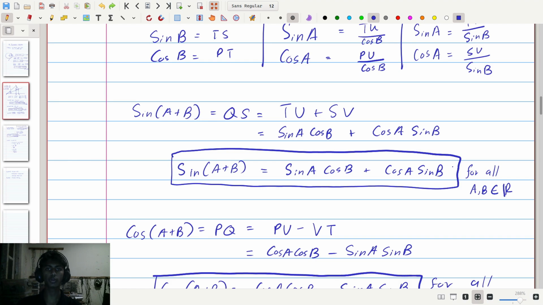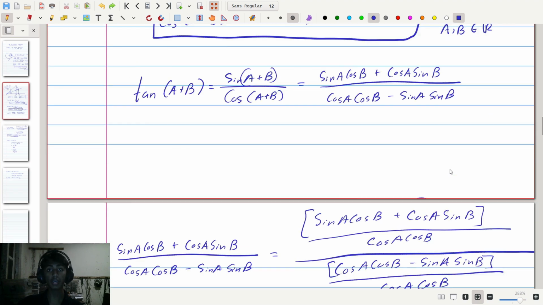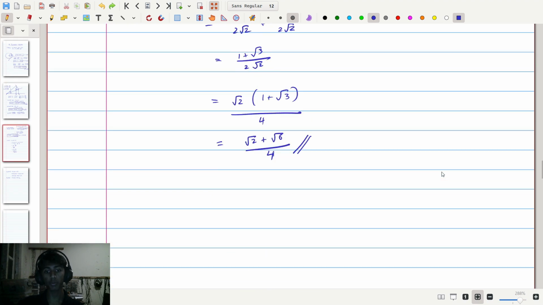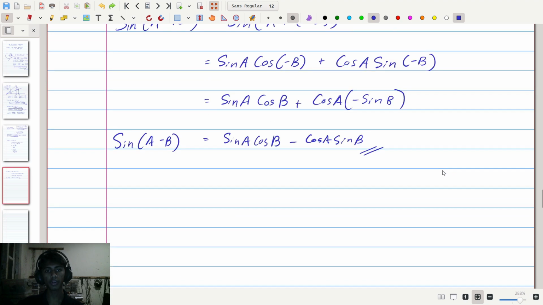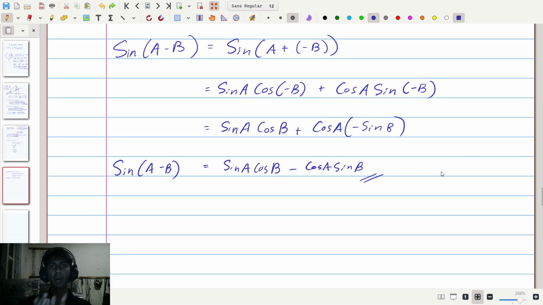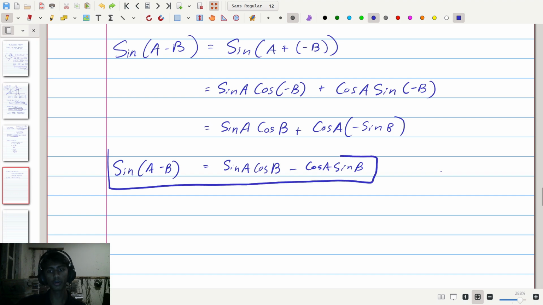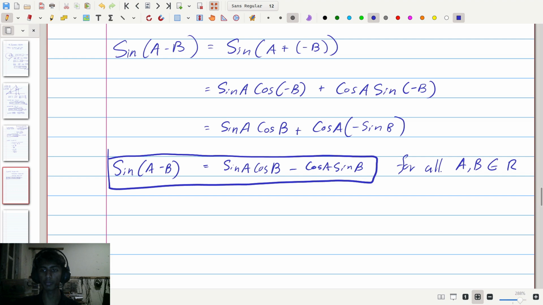And this here is also an identity, so we can put a box around it. This is true for all A and B in the real numbers. So we can write for all A, B element of the real numbers.